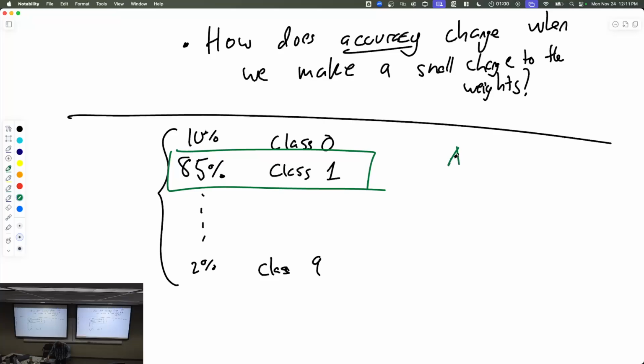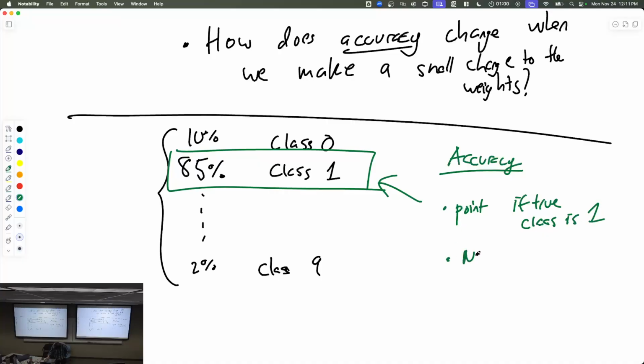The accuracy says take the highest thing, and you get a point if the true class is 1, and no points otherwise. It says look at the maximum value, and if you got that right, then you score on the accuracy. If you got that wrong, you don't. The accuracy is a measure of how often you got it correct.